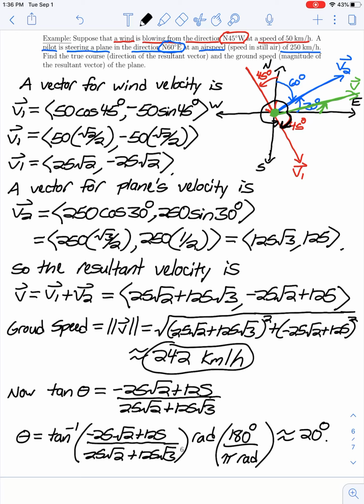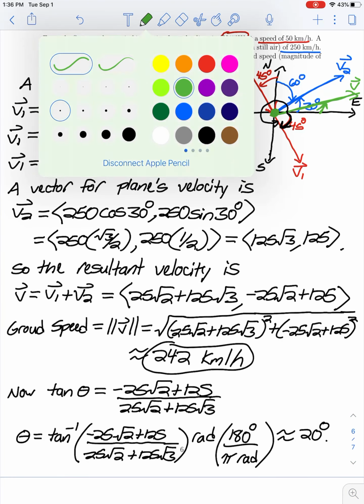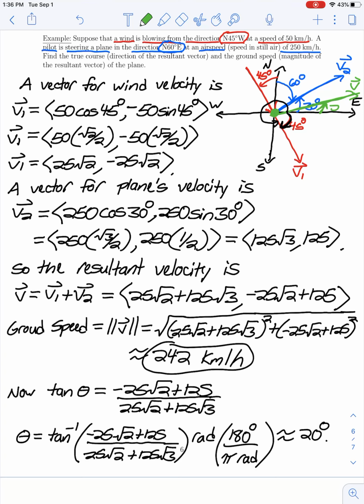So one way that we might want to give our answer here is in the same sort of notation that was used in the problem. So we have here 20 degrees is the angle measured from the positive x-axis in the counterclockwise direction to get to our resultant vector V. But in the problem, everything was measured in terms of an eastern or western degree rotation from the northern direction.